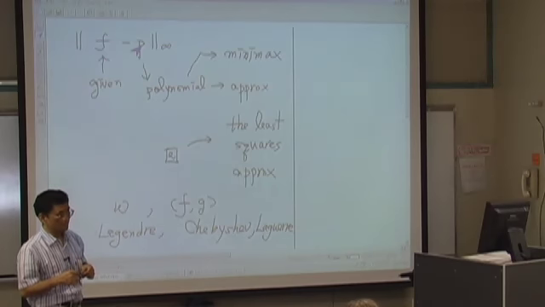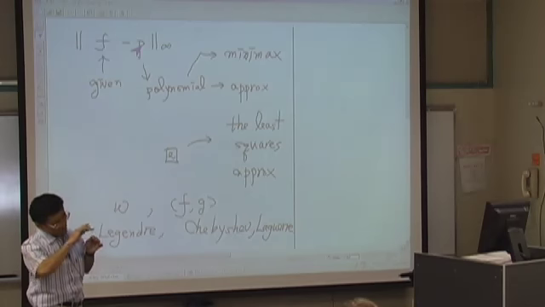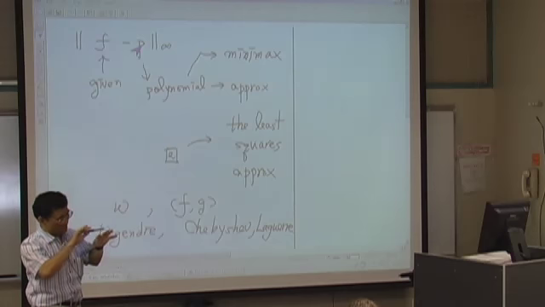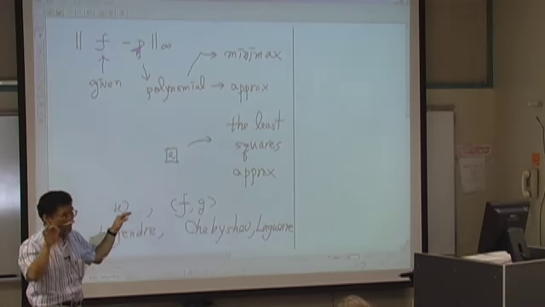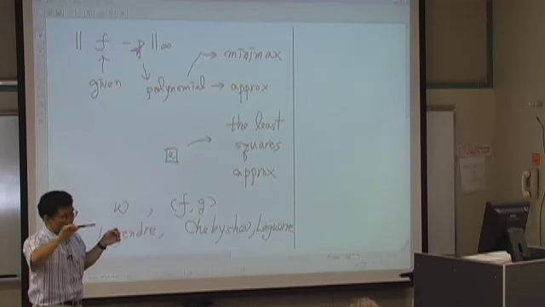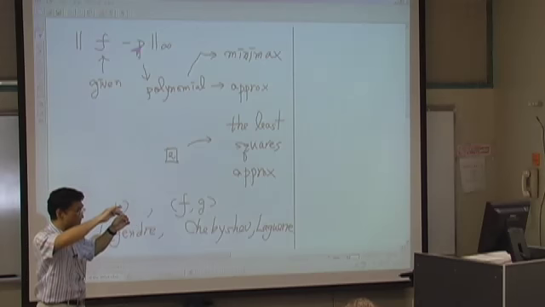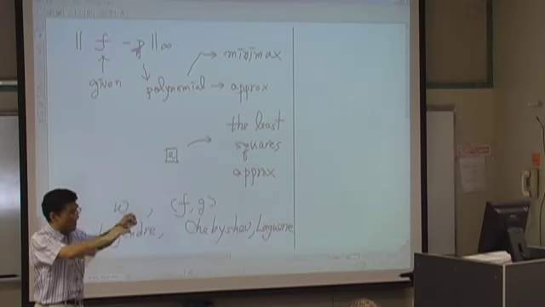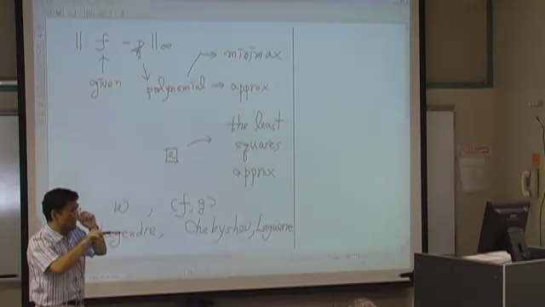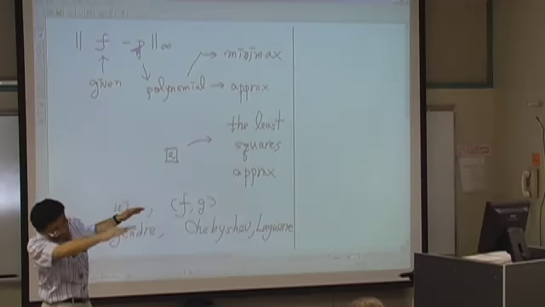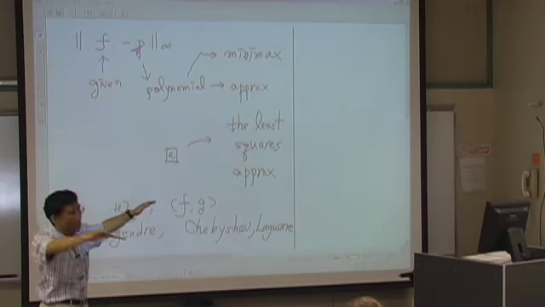Mm-hmm. But in this case, we are handling not just a set of data or a few points. We are handling infinitely many points, or a function. So a whole new idea is required because we are not just handling a few points. We are approximating a function.